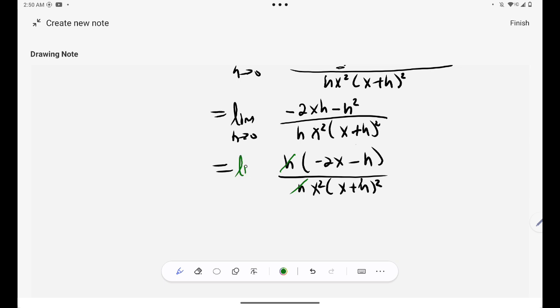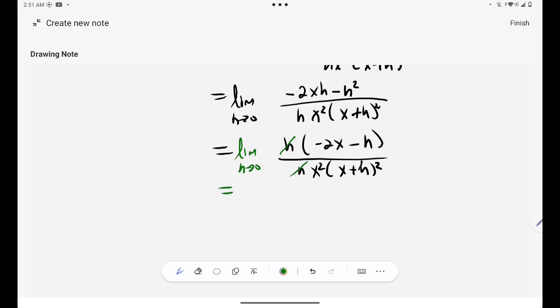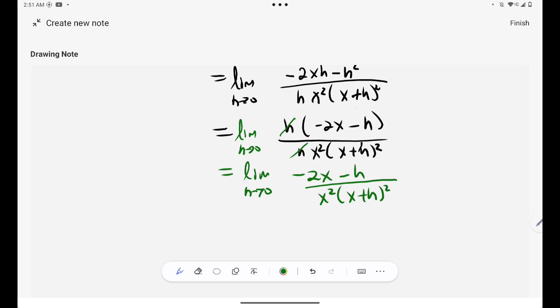Please note that I still write limit as h approaches 0. I'll keep on writing it until I substitute 0 whenever I see h. Are you together? Now I have the limit as h approaches 0 of negative 2x minus h divided by x squared times (x plus h) all squared.